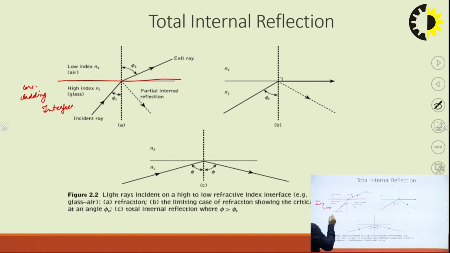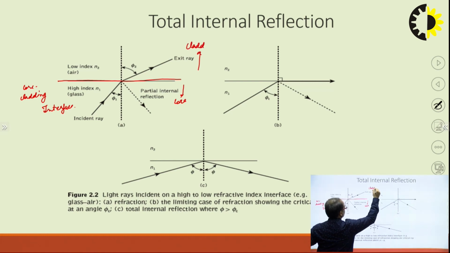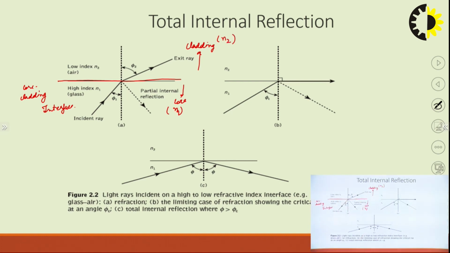The portion below this interface is the core, with a refractive index equal to N1, and above it is the cladding, with a refractive index equal to N2. Clear?